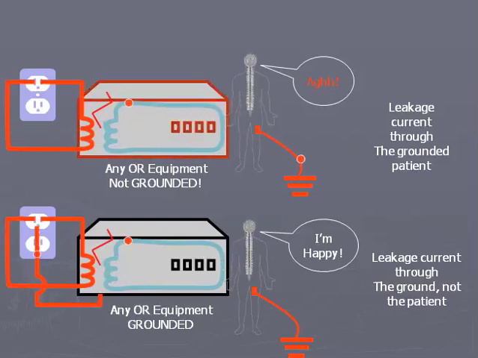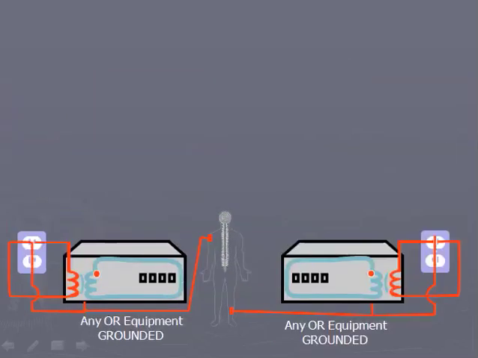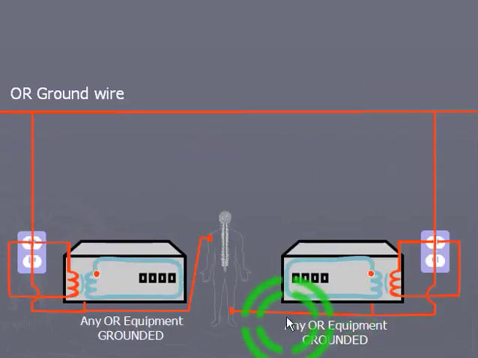Slide 43. This illustration will help understand what a ground loop is. We have a patient that is connected to ground from two different pieces of operating room equipment. In this example, let's assume that the two different pieces of equipment are far apart in the operating room and plugged into wall outlets on opposite sides of the room.